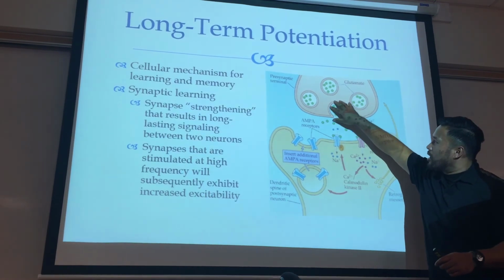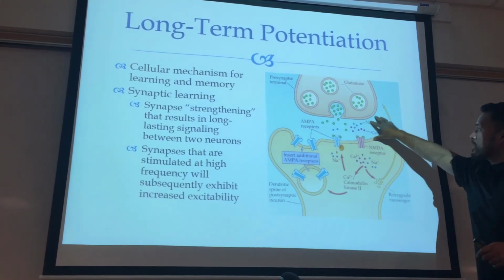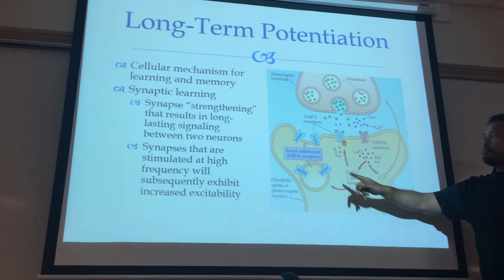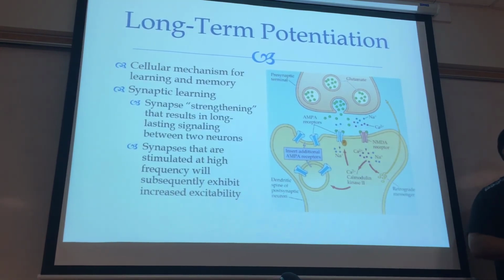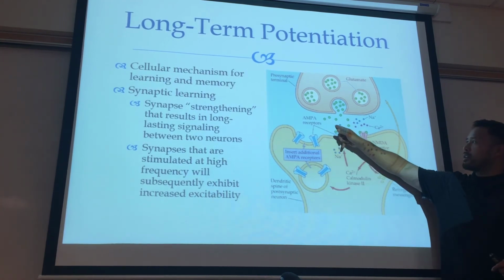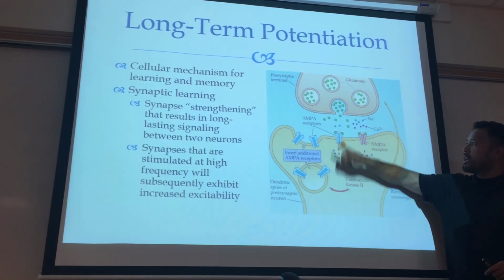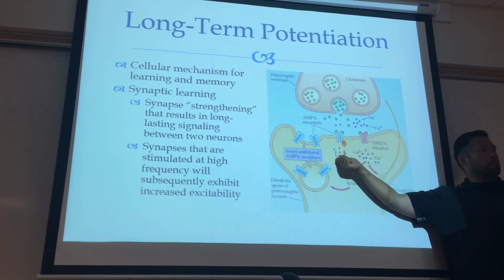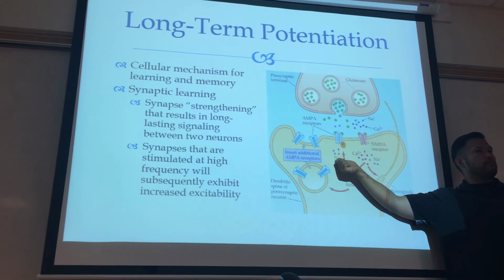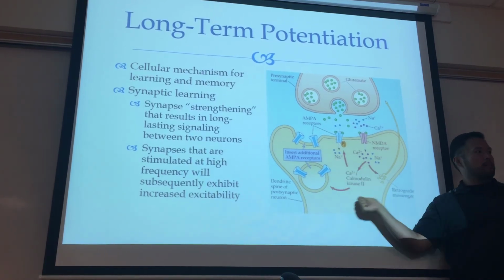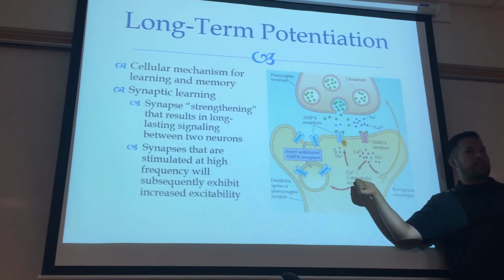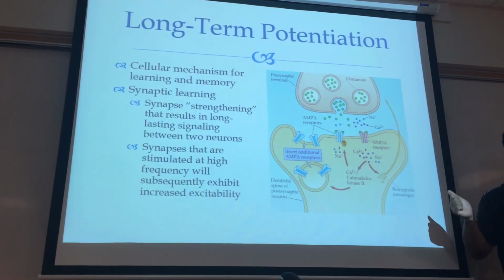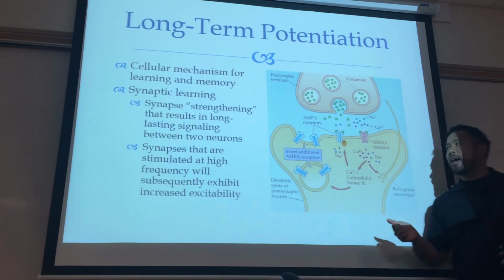These neurotransmitters are exocytosed into the synaptic cleft, and then bind to the receptors located on the postsynaptic neuron, which allows ions to flow through. If sodium flows through, what does that do for the postsynaptic neuron? Does it excite it, or does it make it less sensitive? It excites it, so it's an excitatory postsynaptic potential, EPSP.